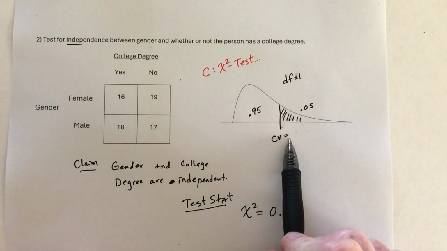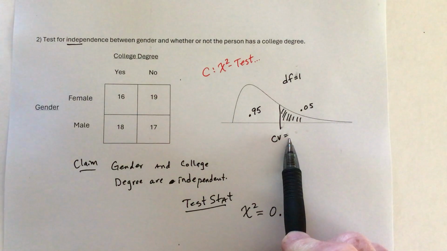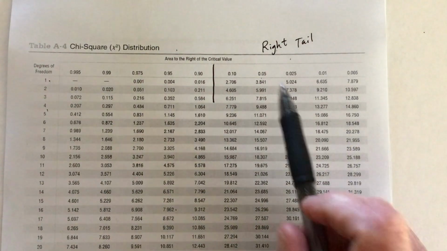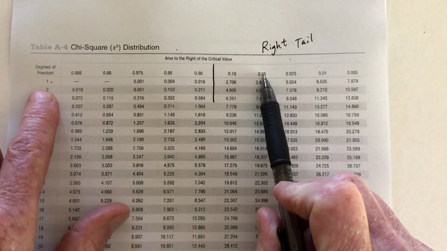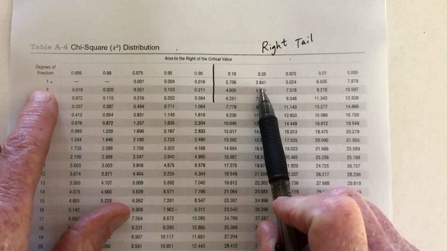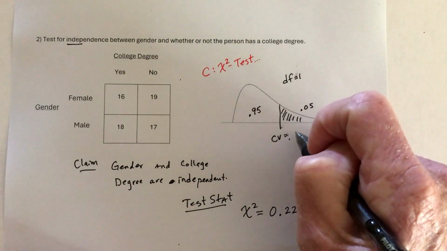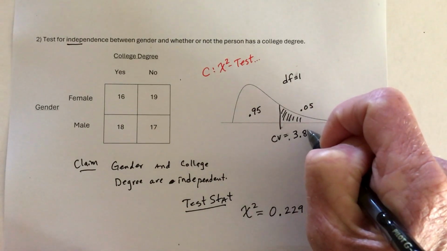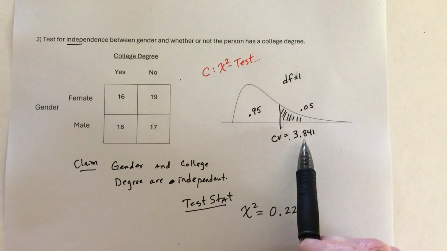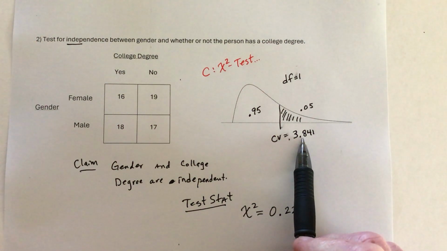And then I need to use the piece of paper to look up the critical value, and that is 0.05 on the right, and degrees of freedom is 1. So it's this very first one right here, 3.841. So the critical value is 3.841. And in order to prove something, the test statistic has to go past this.